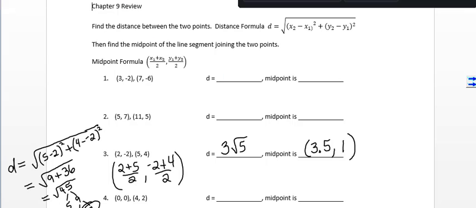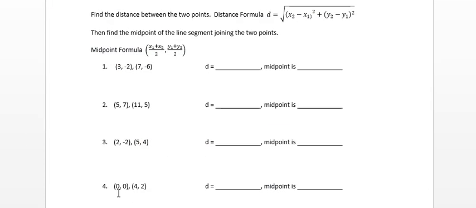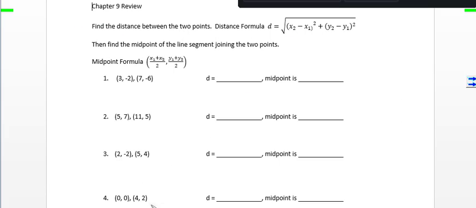Last but not least, our last one here, number 4. 4 take away 0 squared plus 2 take away 0 squared.